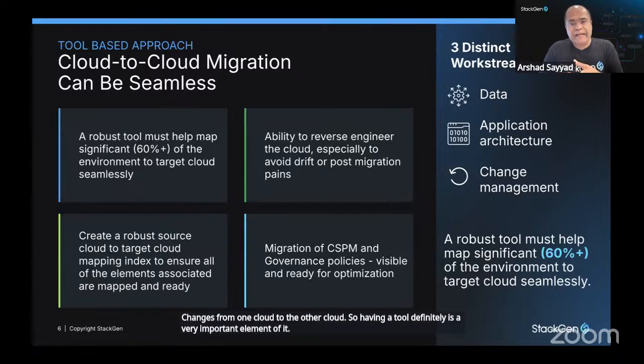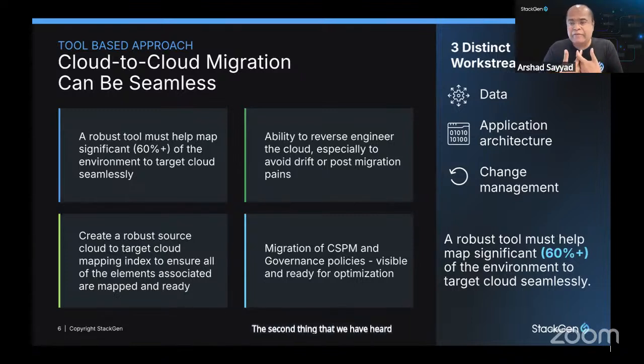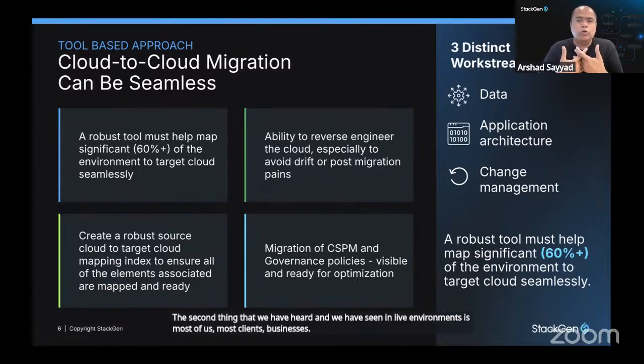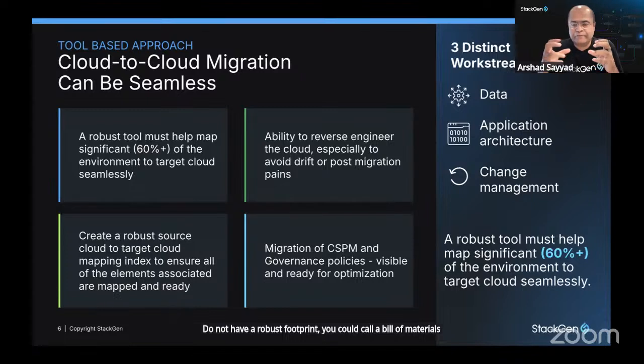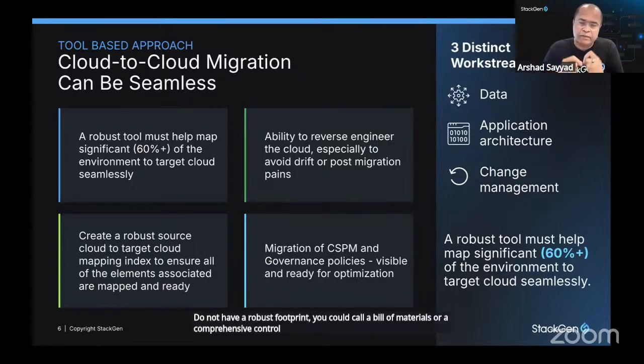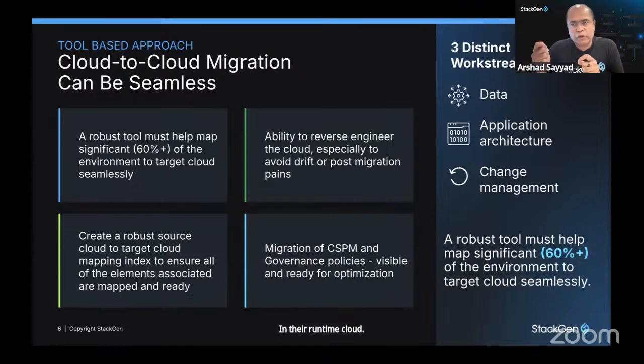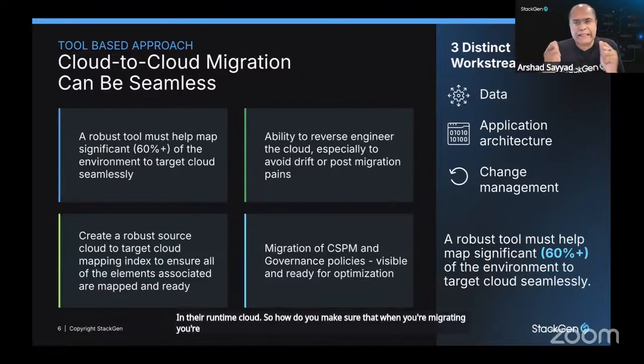The second thing that we have heard and seen in live environments is that most clients and businesses do not have a robust footprint, you could call it a bill of materials, or comprehensive control of every single resource in their runtime cloud. So how do you make sure that when you're migrating, you're doing a very tight migration at the deepest level?